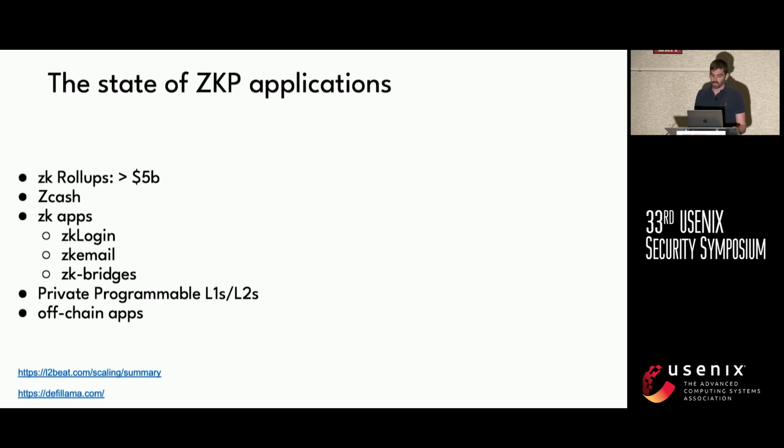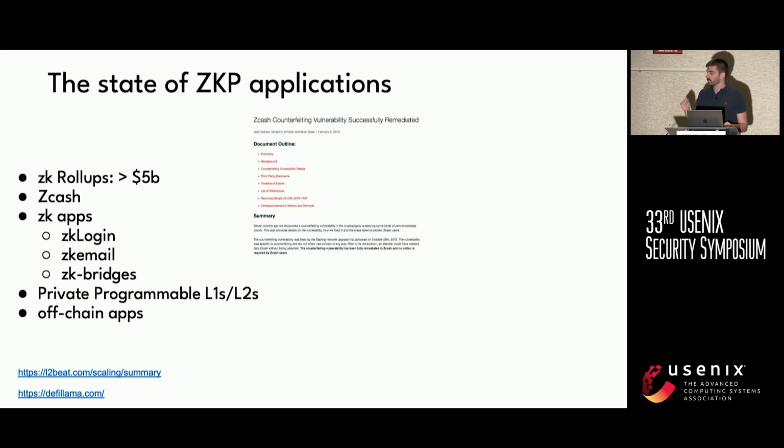And there are many more applications. But so far, what we haven't seen in the space is any major exploit of any of those protocols. And interestingly, there were major critical vulnerabilities in many of those applications in production. So Zcash had a vulnerability since the first release, and people that were working on Zcash identified that vulnerability a few years later.